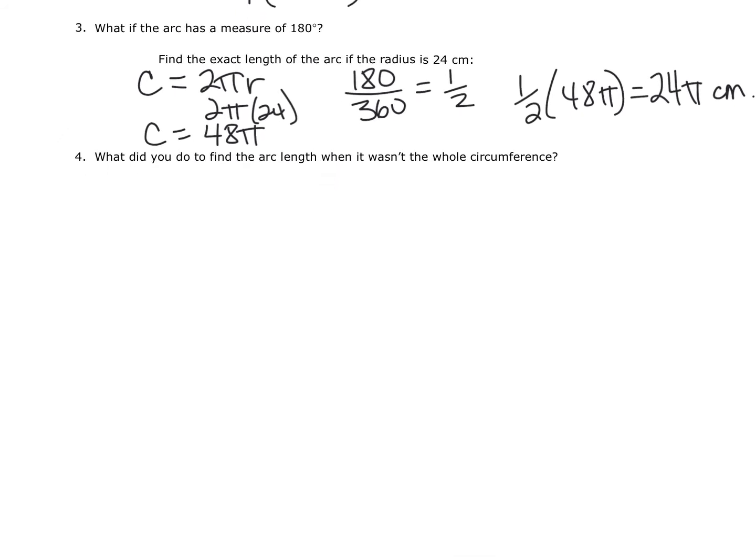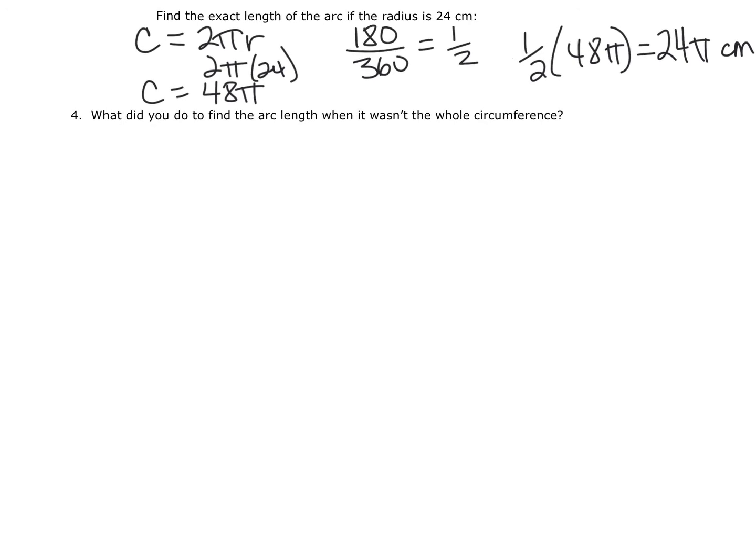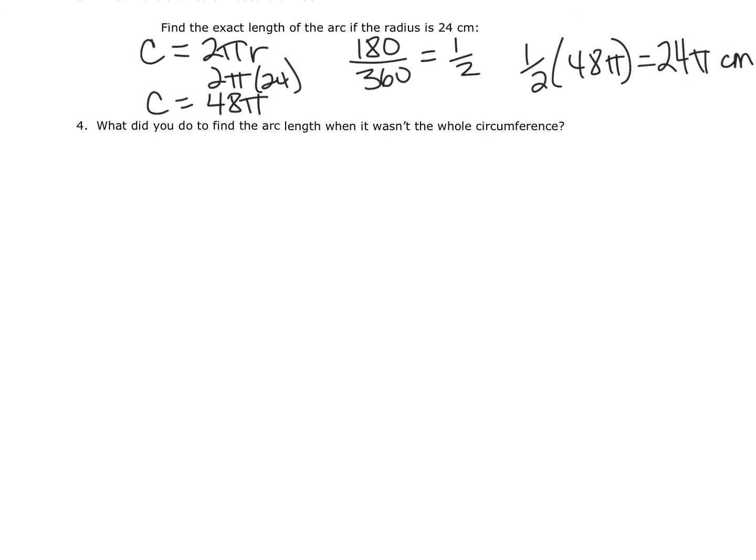So what do you do to find the arc length when it isn't the whole circumference? It's a fractional part of the circumference. If we don't have the whole thing, we have a fractional part.